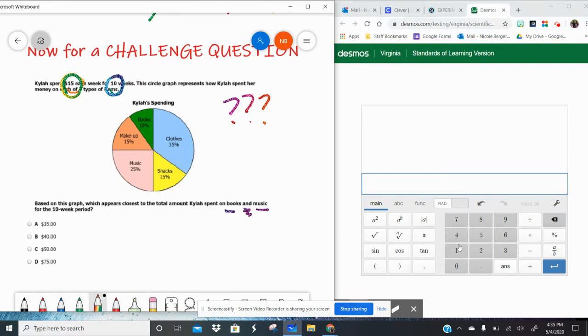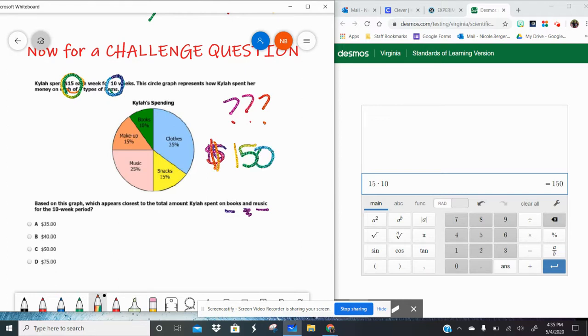So she did 15, 15, 15, 15, 15, 15, 15, 15, 15, 15. Instead of adding, I'm going to use that repeated addition and do some multiplication. So I'm going to do 15 times 10. So that graph represents $150.